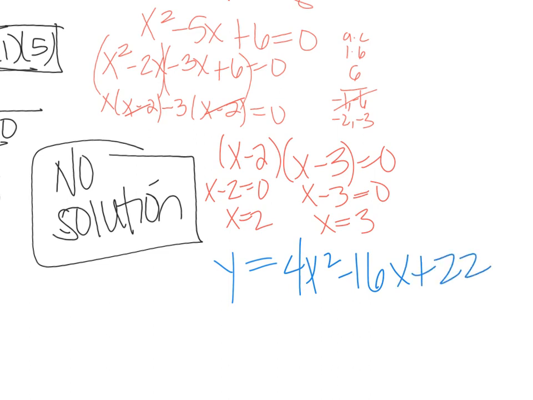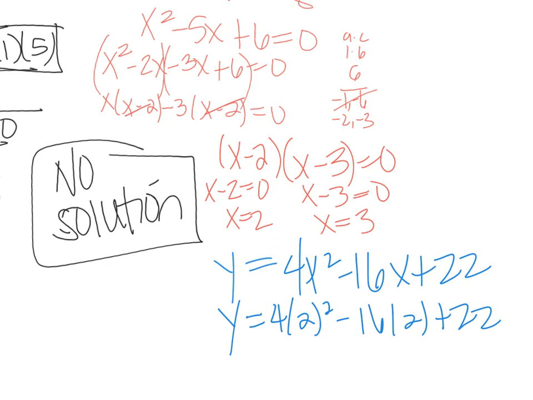And for the first round, I'm going to plug in a 2. So I'm going to replace all the x's with 2. So 4 times 2 squared minus 16 times 2 plus 22. So again, like I was saying, we're going to have 2 answers. Okay, we're going to have 2 comma something and 3 comma something. We have to find what the something is, the y.